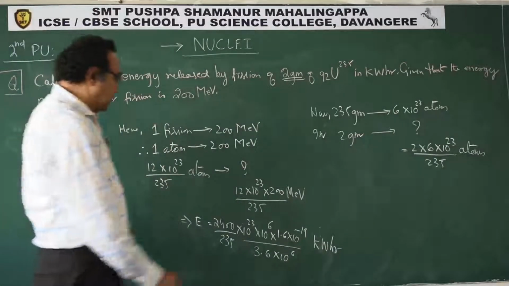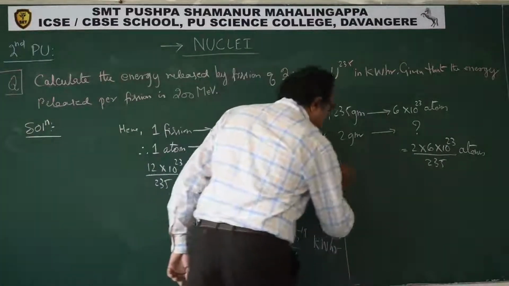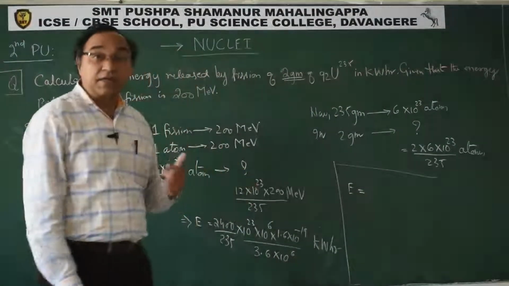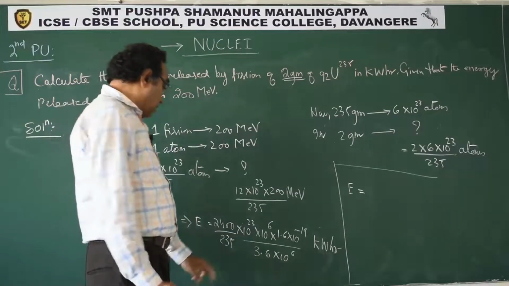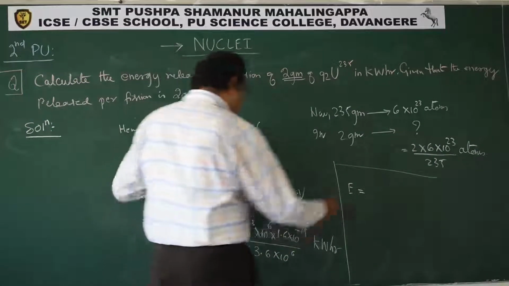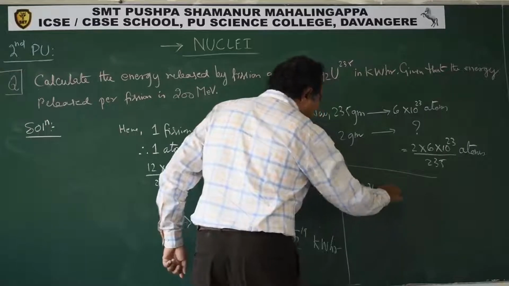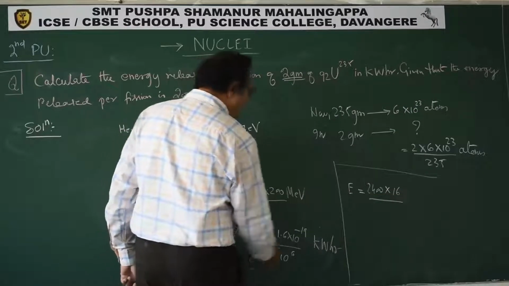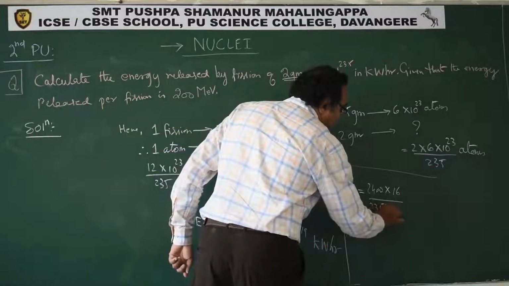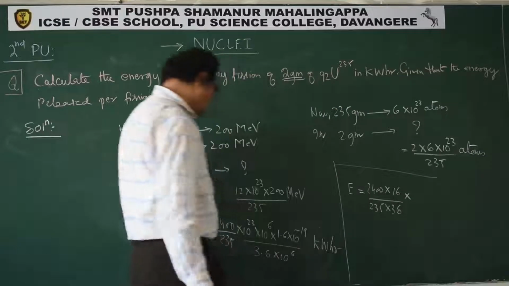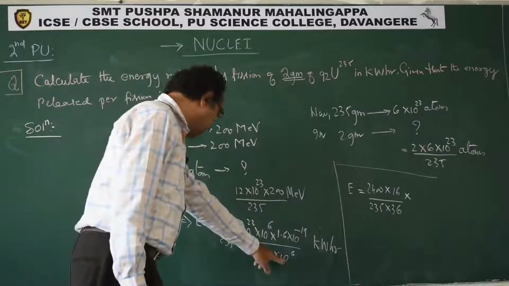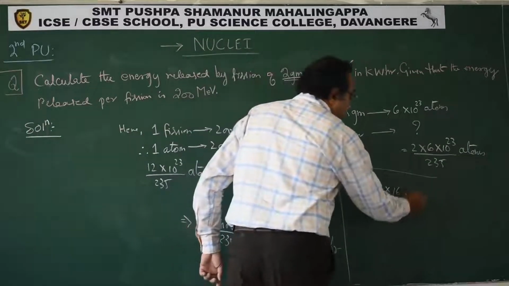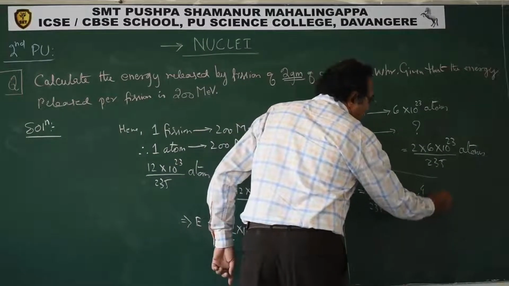So on simplification, taking approximation, what we get is 2400 into 1.6 upon 235 and 3.6 into 10 power 4 kilowatt hour.